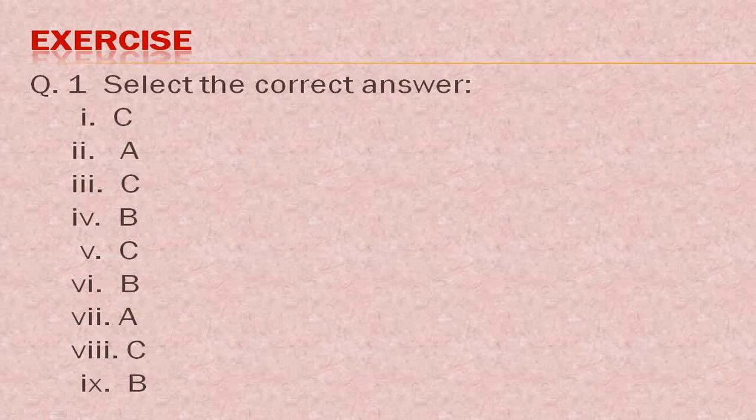It is C, bile salts. If there are no bile salts, there will be no emulsification. Number 4. Fatty acids and glycerols are first absorbed by lymph vessel, villi, blood capillaries, or hepatic portal vein. Of course, that is B, villi. Then it reaches the lymph vessel and then the different parts of the body.